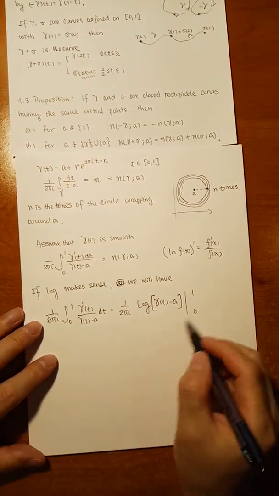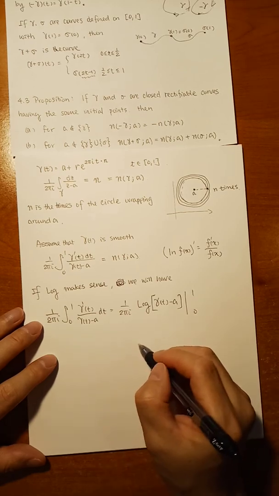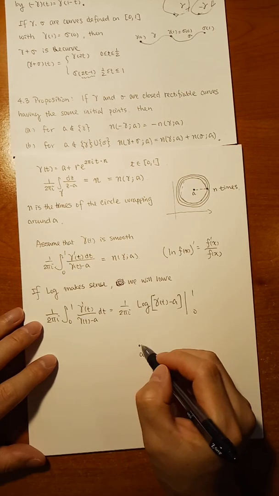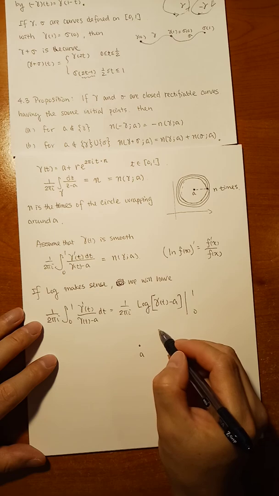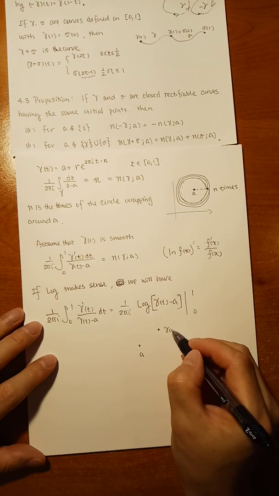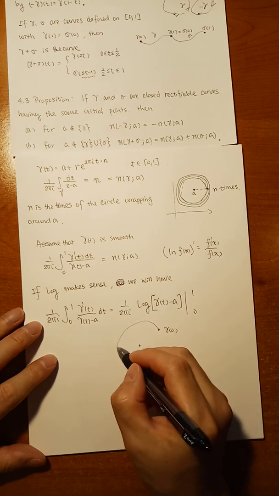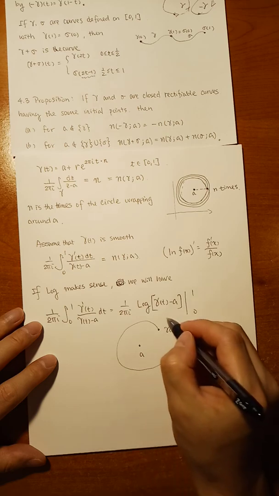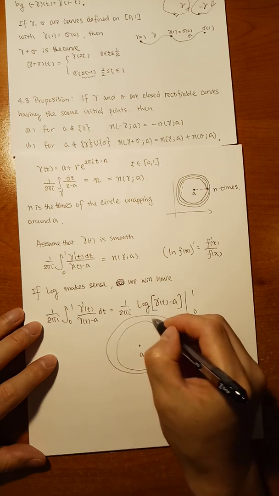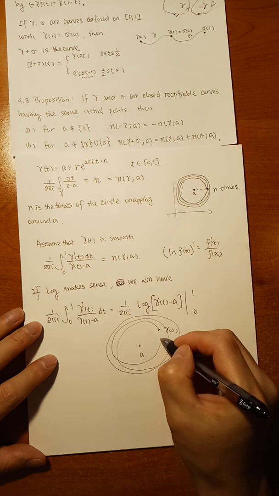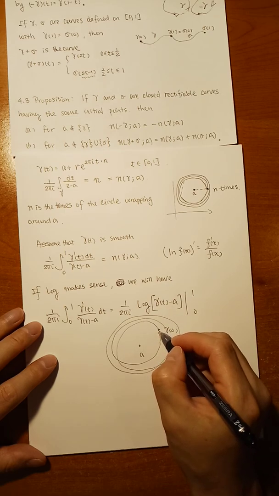Okay, so what is t equal to 0? For example, we have a. T equal to 0, this is gamma of 0. And gamma of 0 will turn around. Here I only draw 3 times and back here.